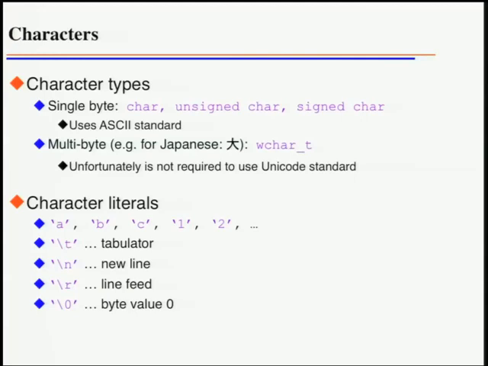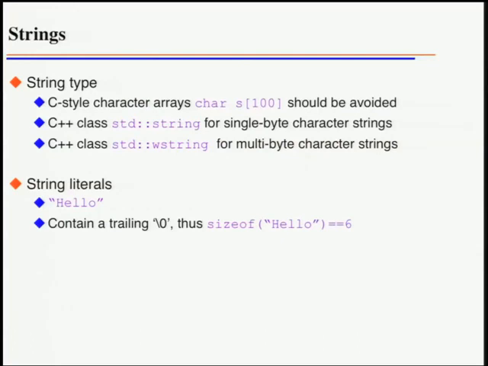And there's the 0 byte, which is used to end a string constant, as we will see in a moment. So for strings, the usual C-type strings were C-style character arrays like this. In C++, don't use them. In C++, there's the std::string class for single byte character strings, and the corresponding thing containing these wide characters, wstring.